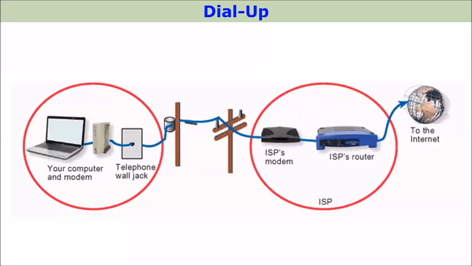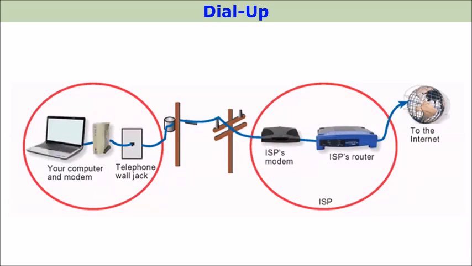Then you can remove the home telephone line and connect it to your modem. Then you can access the internet on the computer. The thing is, your bill will go up. However, the connection is slow, but you can still use the dial-up connection.